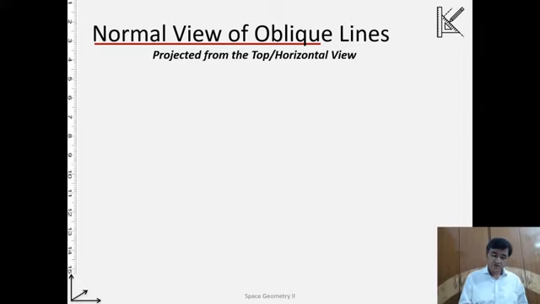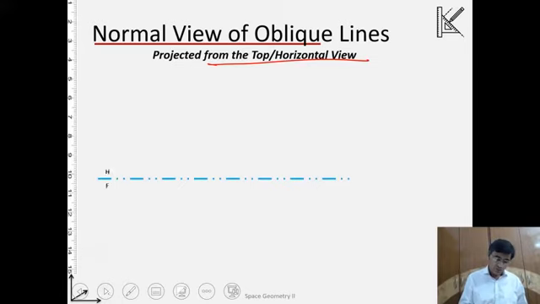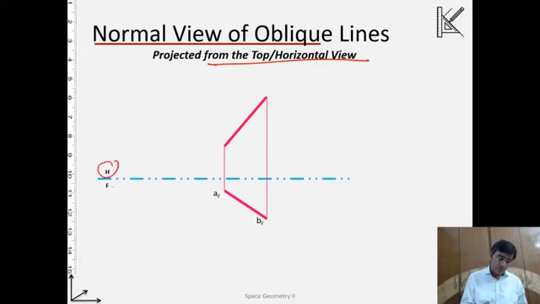Now in this case, the problem is we are given the projection of a line, and as you will notice, we have the horizontal plane and the frontal plane.